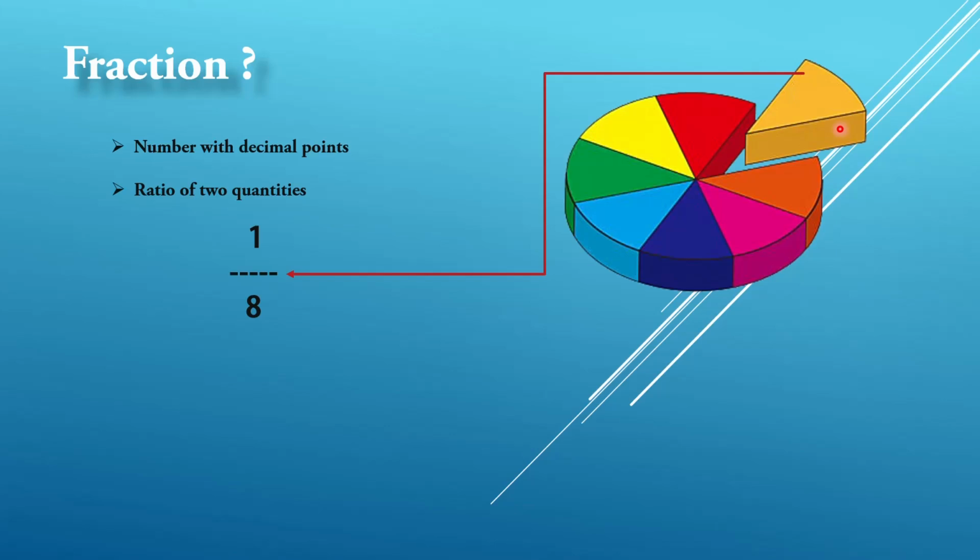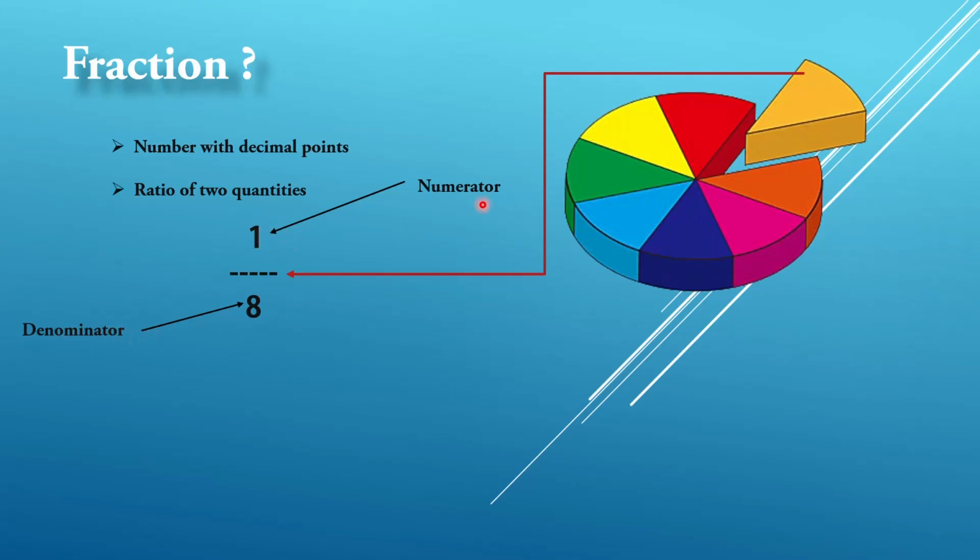So this is how we can represent a fractional number. We can represent it with a decimal point, or in terms of a ratio. Here the above part is how much I have taken, and the below part is the total number of parts we have. The above one is called the numerator, and the downward one we can say is the denominator.